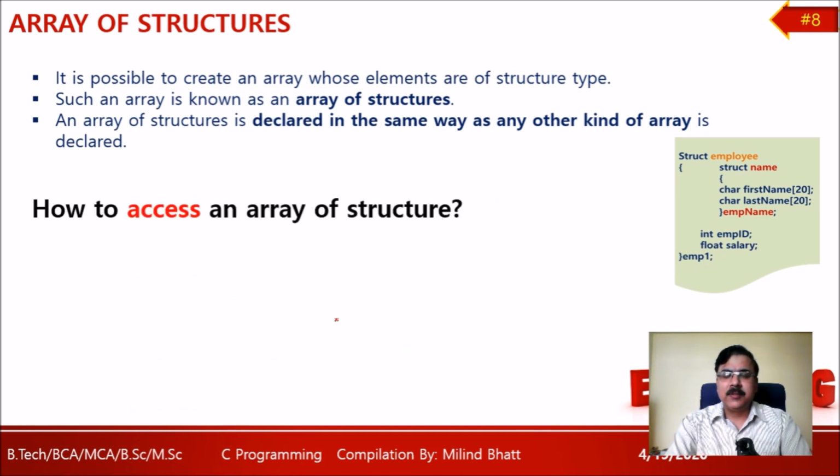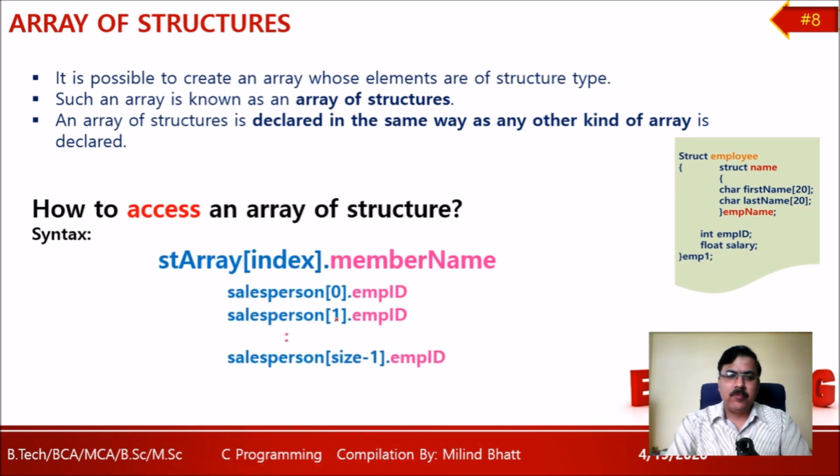How to access it? Like normal variables, I use the array of structure variable, then within brackets the index, then the member name. For the earlier example, salesperson 0 dot employee ID, salesperson 1 dot employee ID, salesperson size minus 1 dot employee ID.